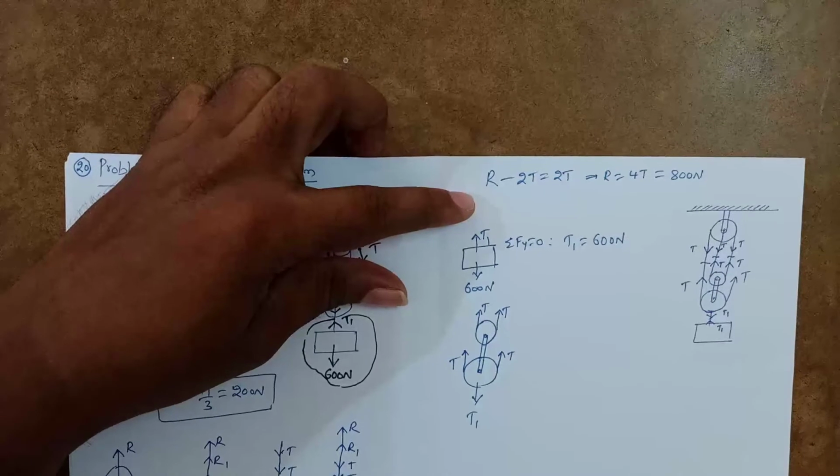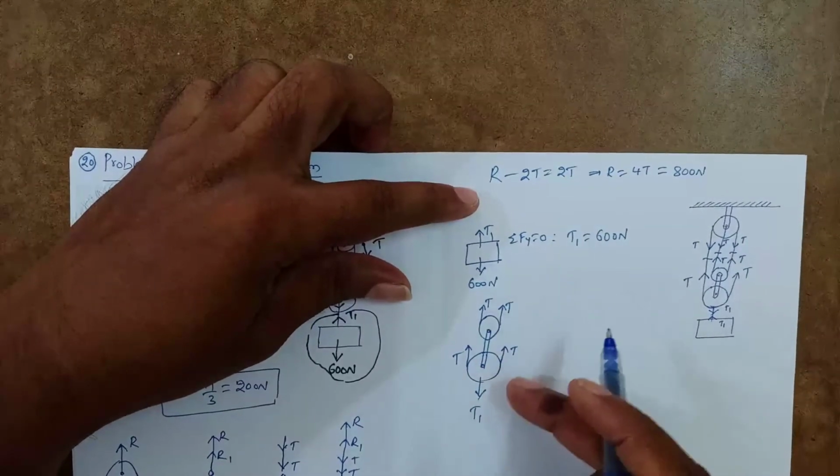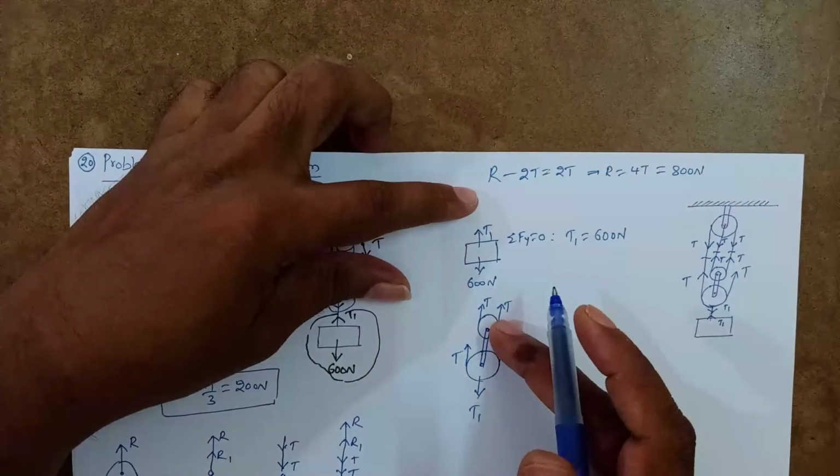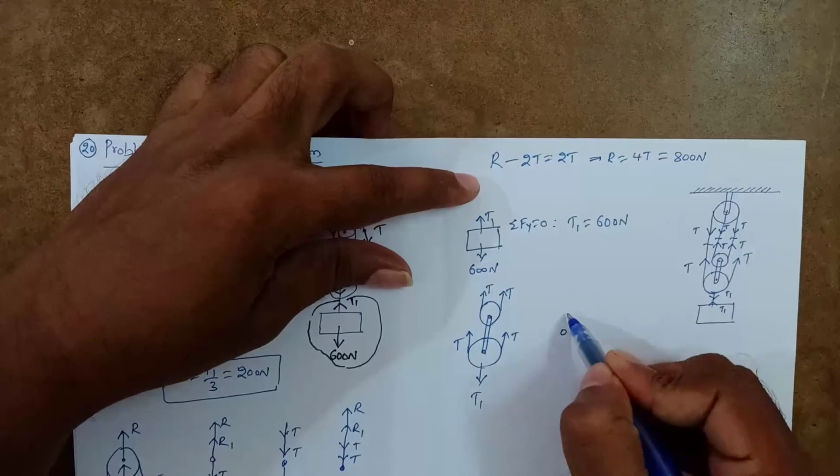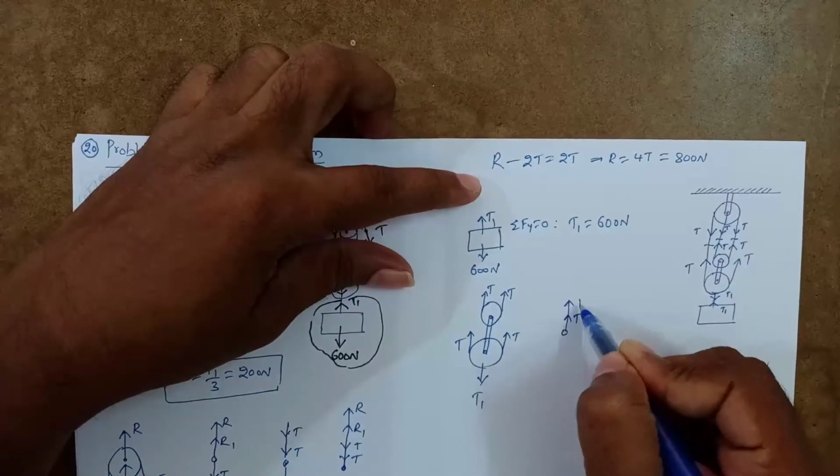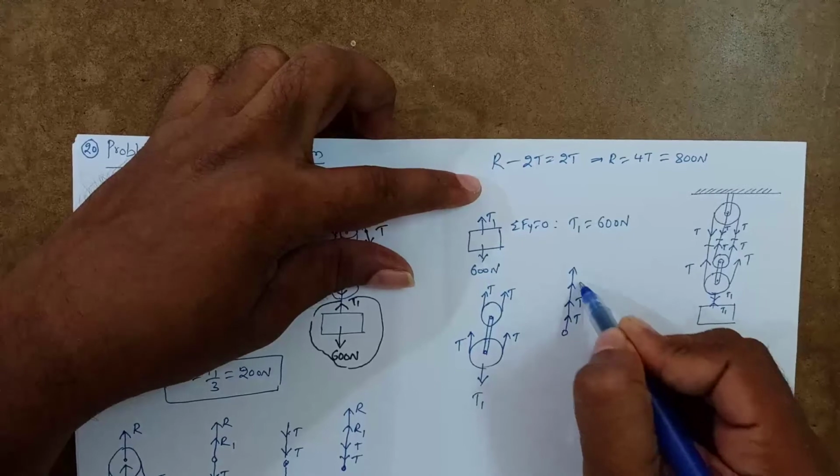Again, no dimensions are given for these two pulleys. We can assume the complete system as a point object, so no problem. Then we'll get T, T, T, T.